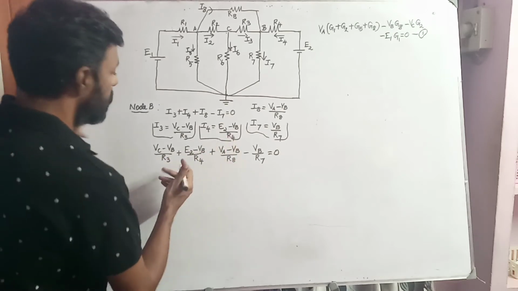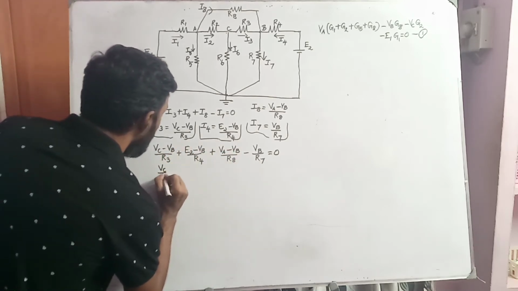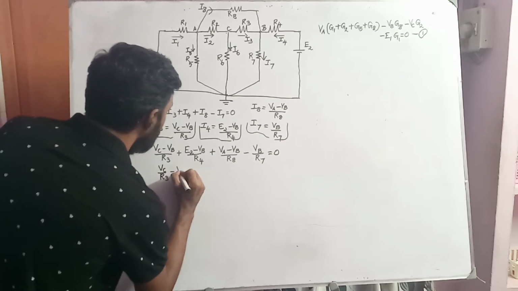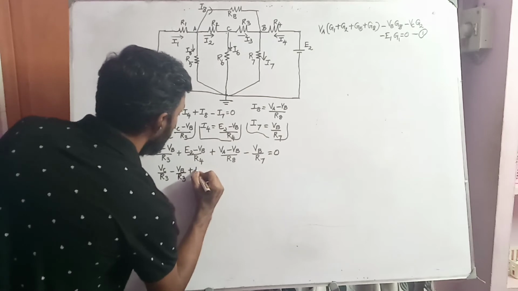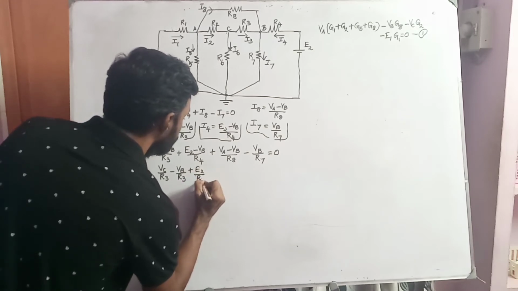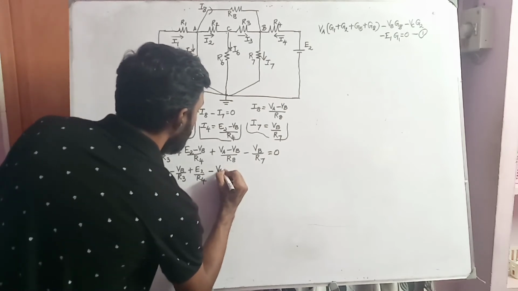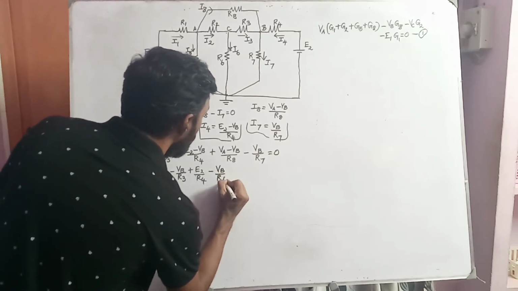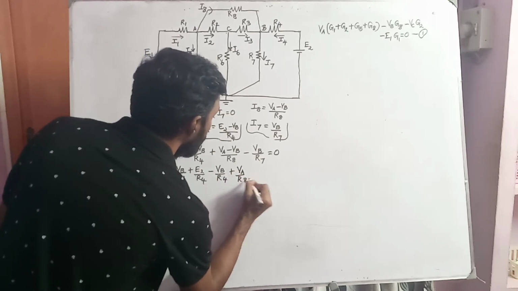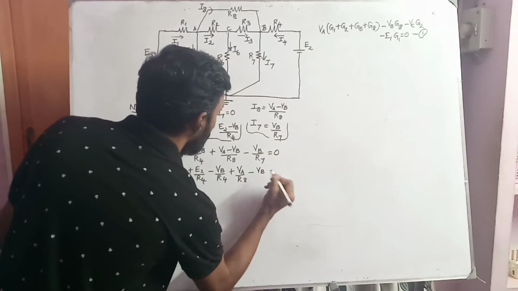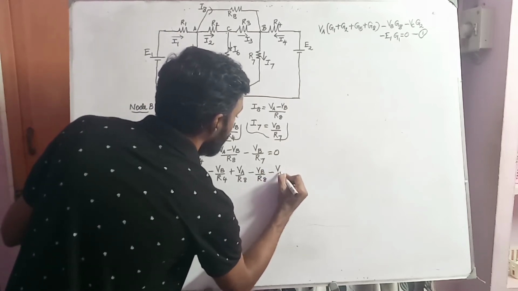So this is the expression. Now I'm going to split the terms. It will become VC divided by R3 minus VB by R3 plus E2 by R4 minus VB divided by R4 plus VA divided by R8 minus VB divided by R8 minus VB by R7.